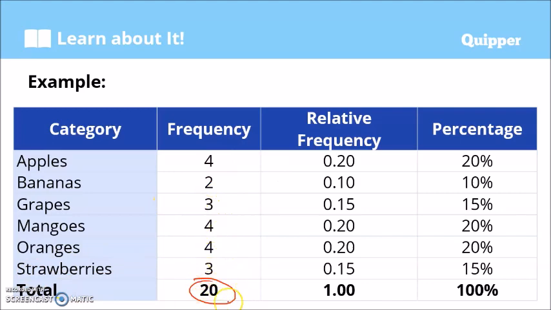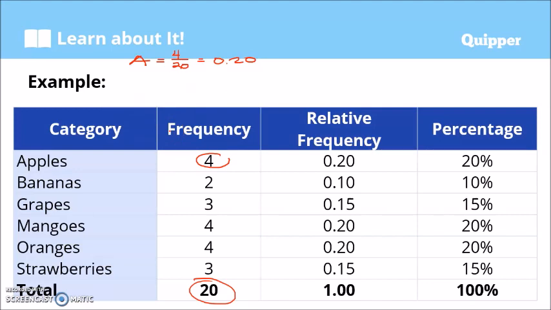Okay, so 20 samples. The relative frequency, we can get this by dividing yung 4, halimbawa, the relative frequency of apple. So, we have 4 divided by 20. And that is 0.2 or 0.20.